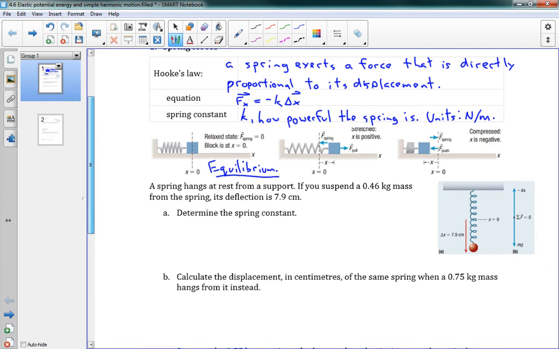So x is positive, and the spring force here is pulling it back towards equilibrium. So the spring force is negative if x is positive. And our final picture here, we've compressed it so x is negative, and the spring force now is positive, again trying to pull it back towards the equilibrium. That's how springs work. They're always just trying to get back to their normal state.